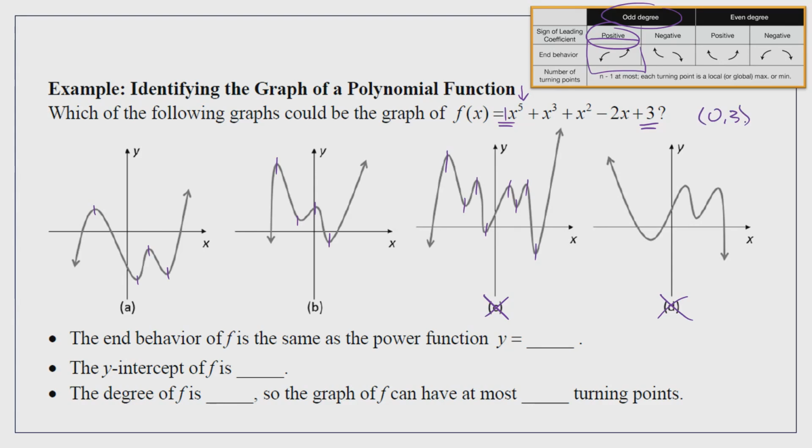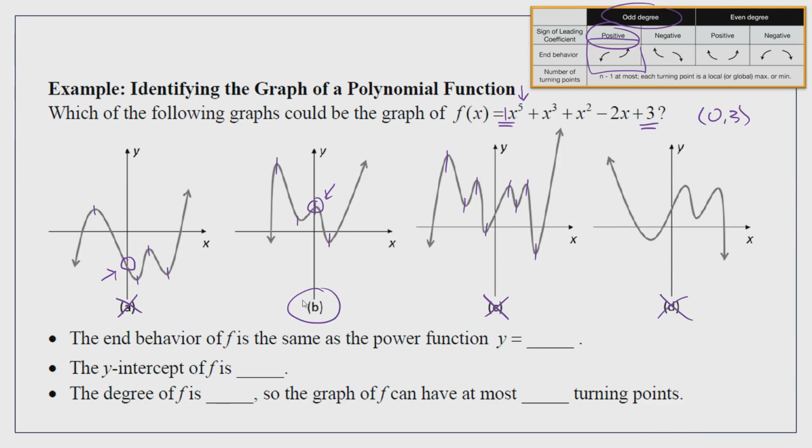Between A and B, which one crosses the y-axis at the point (0, 3)? It wouldn't be A because this is a negative y value, whereas for B this is a positive y value. So A is eliminated, and we now have B as our final answer.